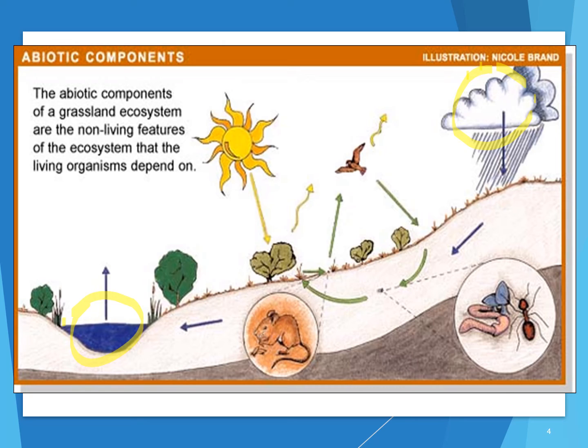We also have the sun here. So again, the living things depend on the sun for heat and warmth. Trees and plants depend on the sun in order to perform photosynthesis, in order for them to create food and be able to grow.